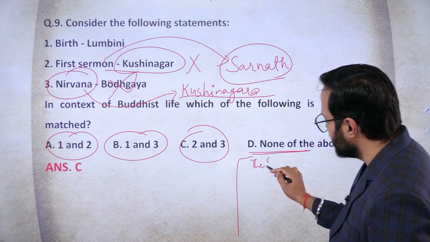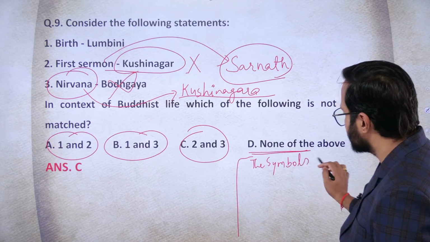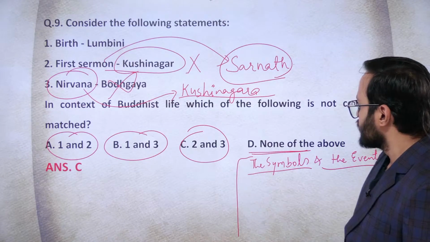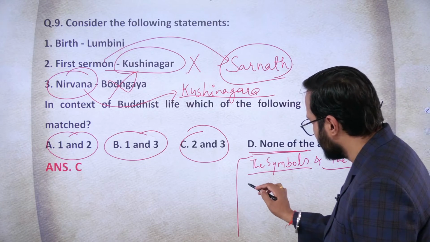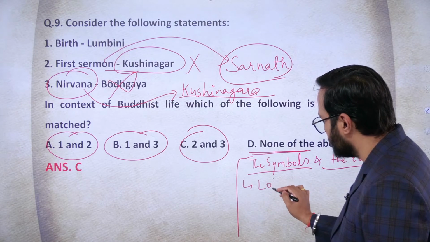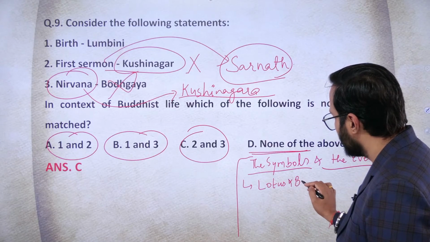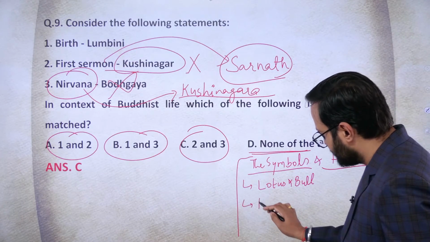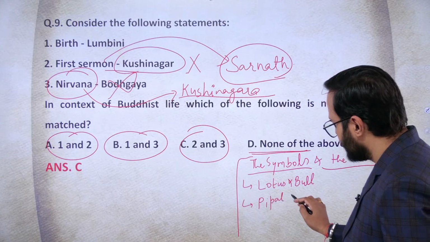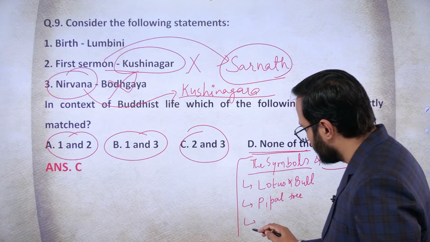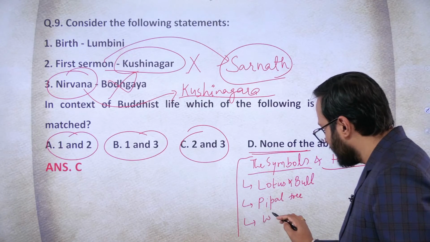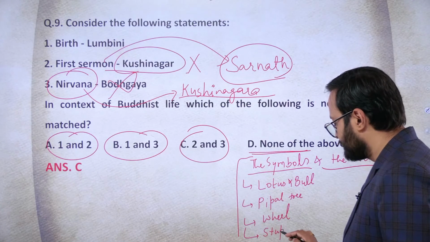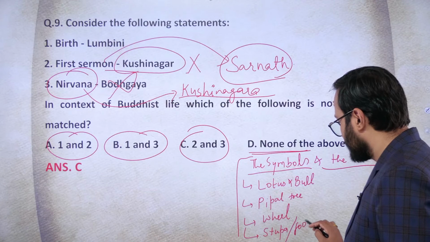The symbols are connected to the events: the lotus and the bull, then the symbol of the peepal tree, then the symbol of the wheel, and the symbol of the stupa or the footprints.